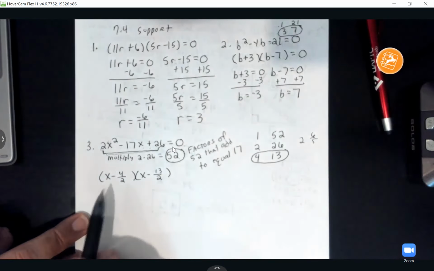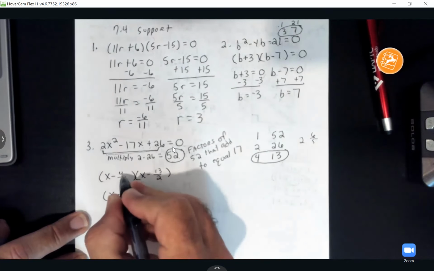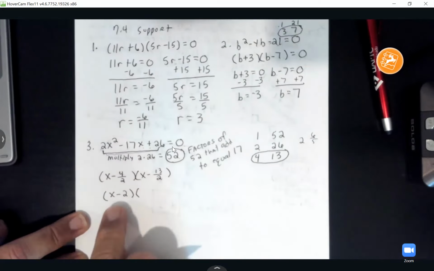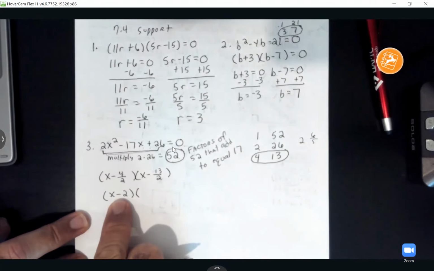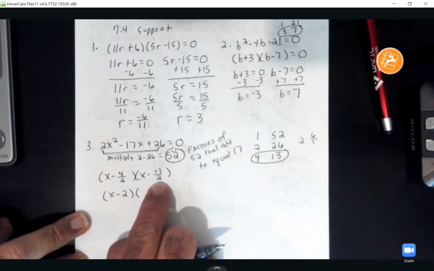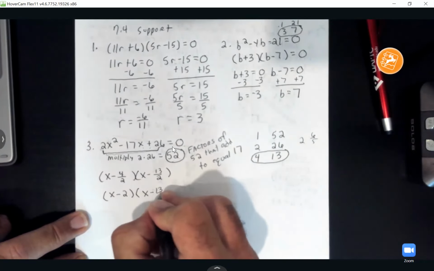So y'all watch what happens. This is going to give me x minus 4 divided by 2 is 2. So that one's going to give me that positive 2 later. Now, can you simplify that? No. So that's going to stay x minus 13 halves.